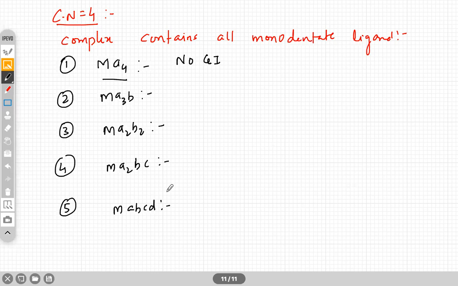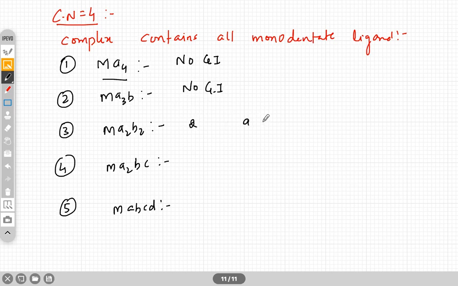Done. So in this one, we have no GI. In this one, we have cis and trans, 2 GI possible.